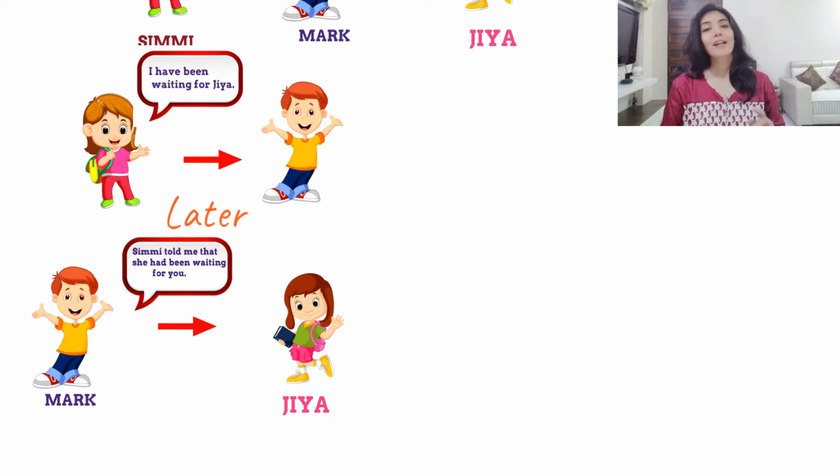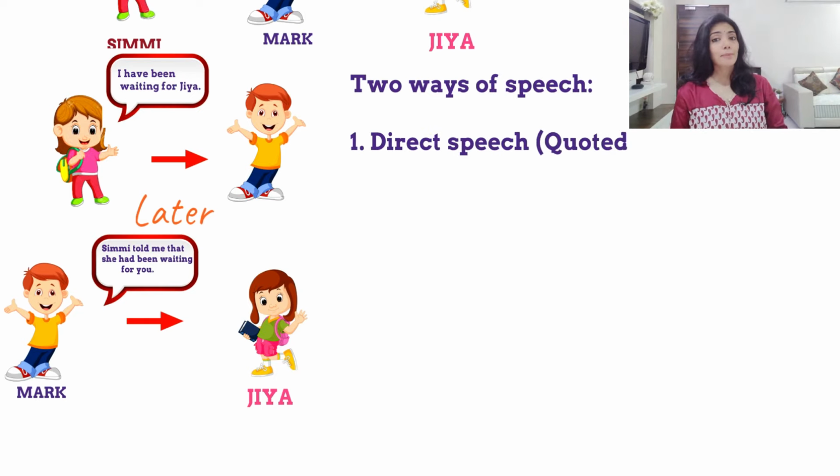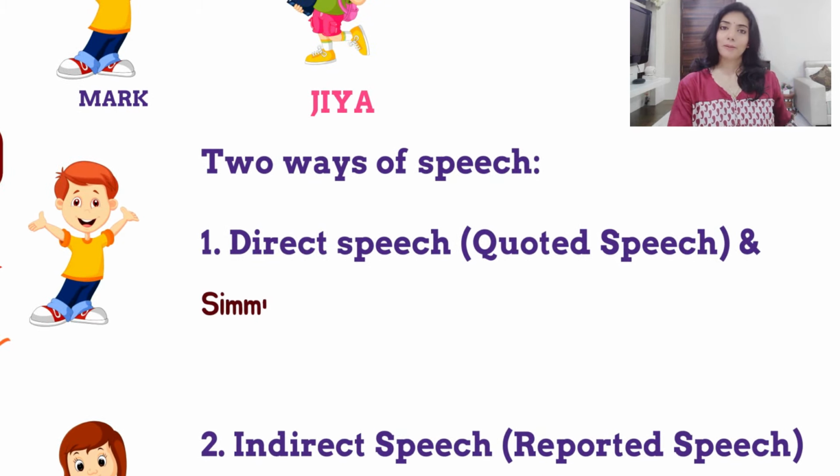In this conversation, we'll listen to what Simi said to Mark and what Mark reported to Gia. So we have two ways of speech expressed in this conversation. First one is the direct speech. What Simi says to Mark is the direct speech because it comes directly from the speaker.